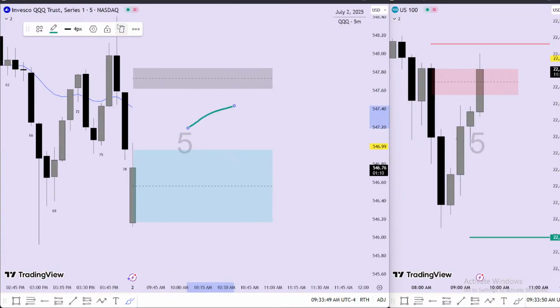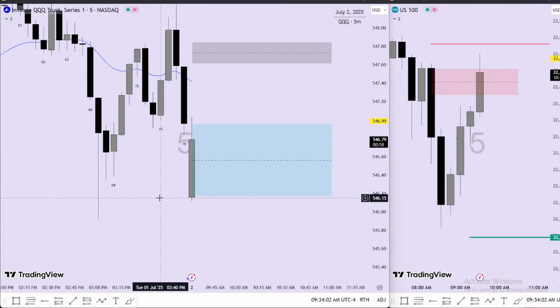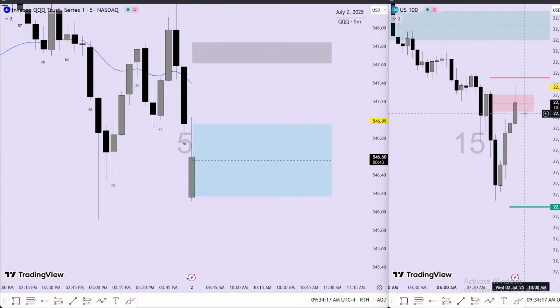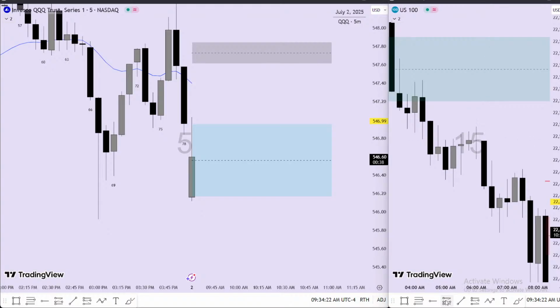Even if I get it, I'll still take it, but considering the low probability, I would take a lower lot size, probably 1/5 of my original position. Then I can trade these inefficiencies towards the upside on a 15 minutes.